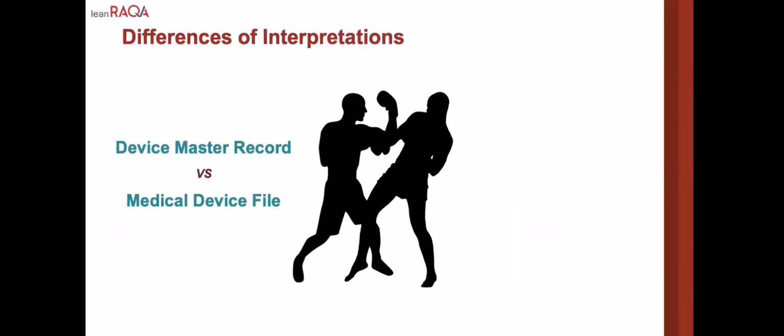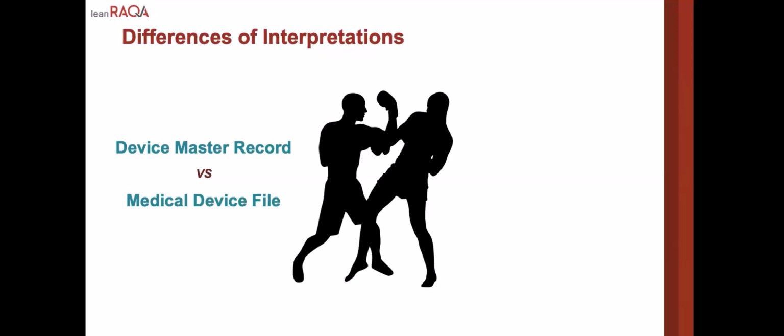So here's where it gets really interesting, and this is a bone of contention with FDA and some of the notified bodies. I'll explain myself in a minute. It's the concept of the device master record versus the medical device file. The medical device file was a requirement that was added for a type of record in the ISO 13485:2016 version.